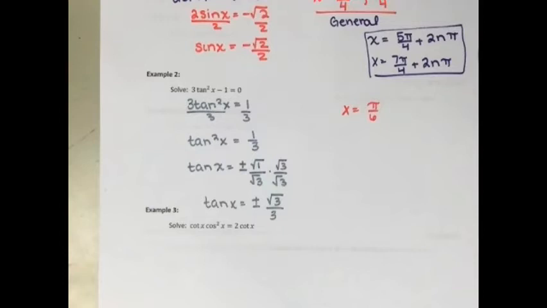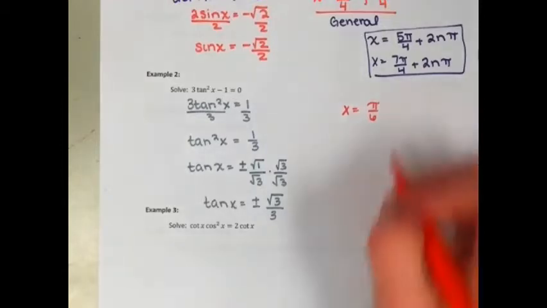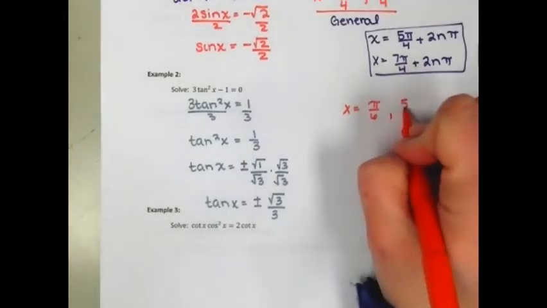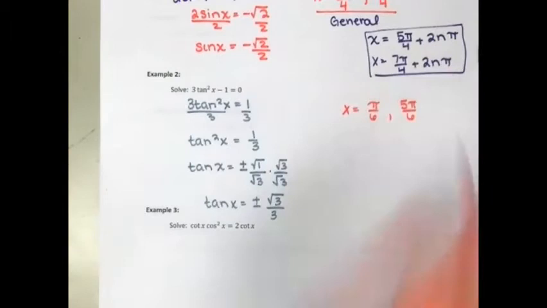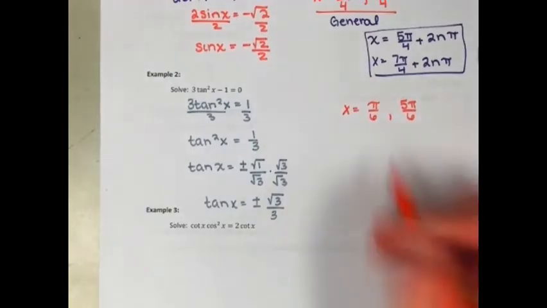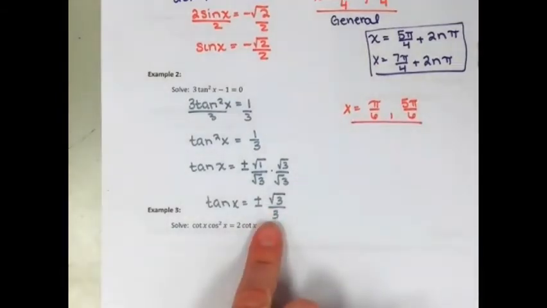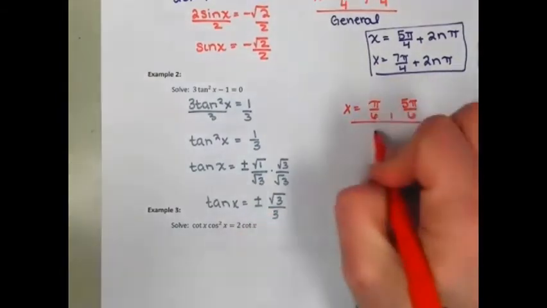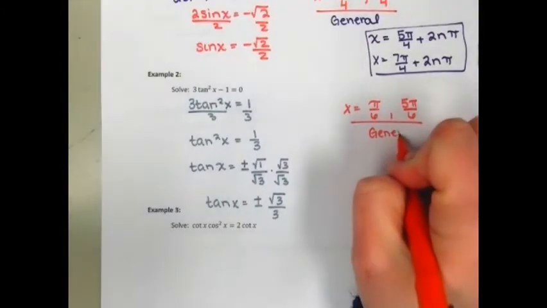So where would our negative be? At what? Wouldn't that be at 5 pi over 6? Is that right? Quadrant 1 and quadrant 2 gives you the negative, right? Okay. So now, because these are our actual solutions where we have both of these, the general solution is, what do we add to each of those?